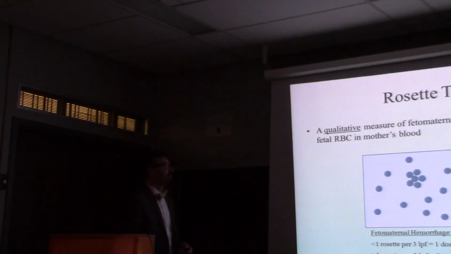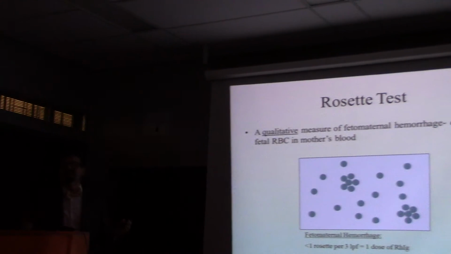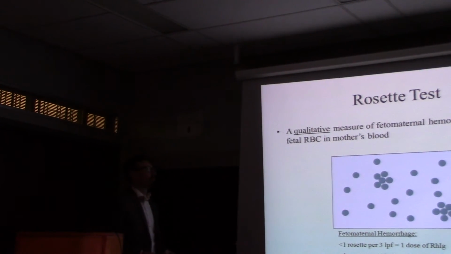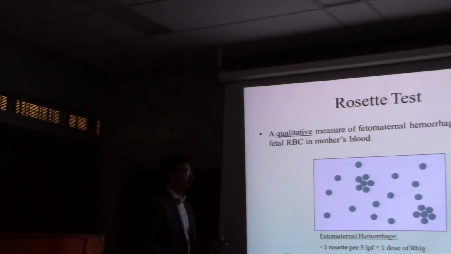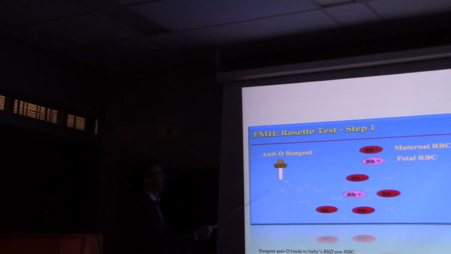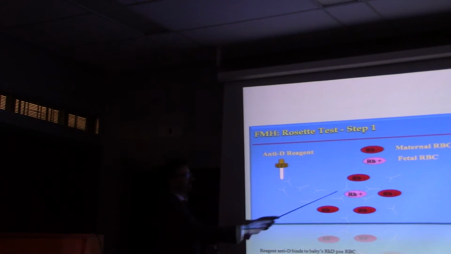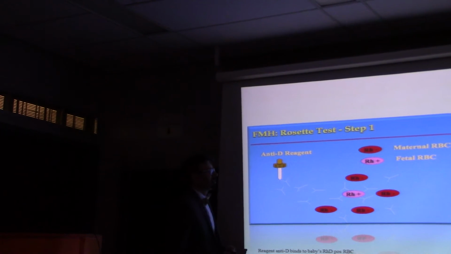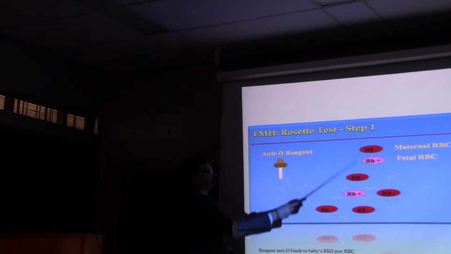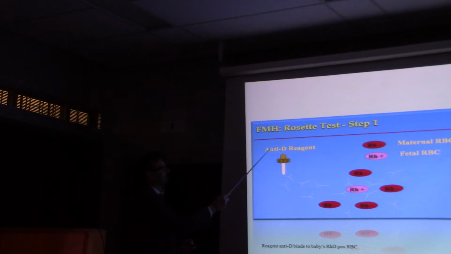First thing is the rosette test, which gives you a qualitative, yay or nay answer for whether there is hemorrhage or not. Essentially, all you do is take reagent anti-D. The pink here represents the fetal red blood cells. The maternal red cells are the dark red.